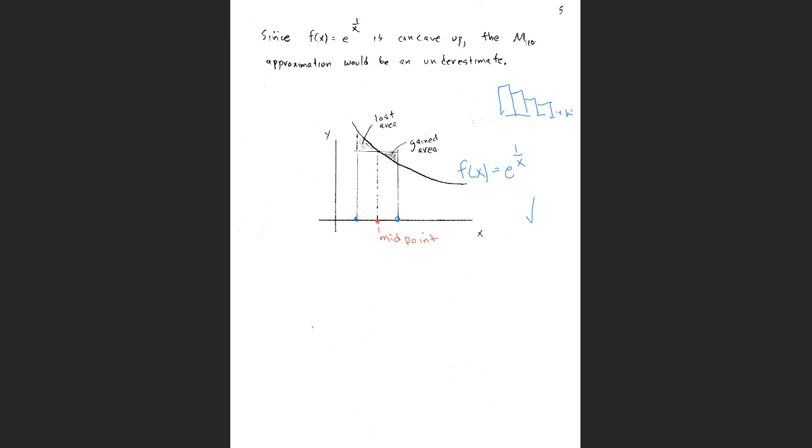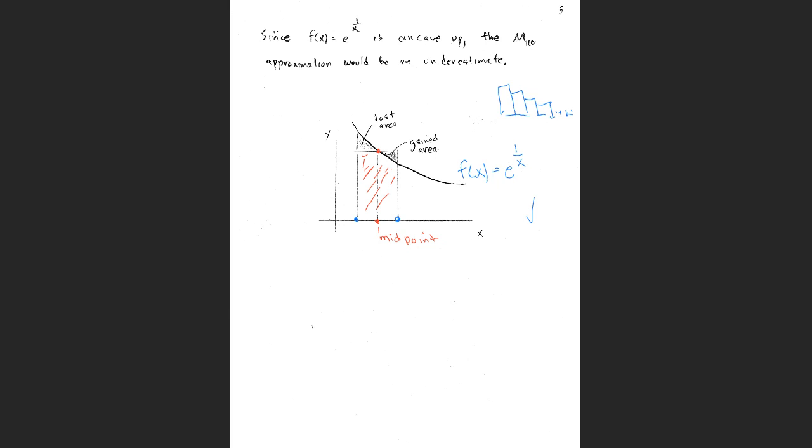Every rectangle using the midpoint rule is going to resemble this rectangle, with the midpoint of the subinterval determining the height of the rectangle. I'm drawing the height of the rectangle. This here is all good area.